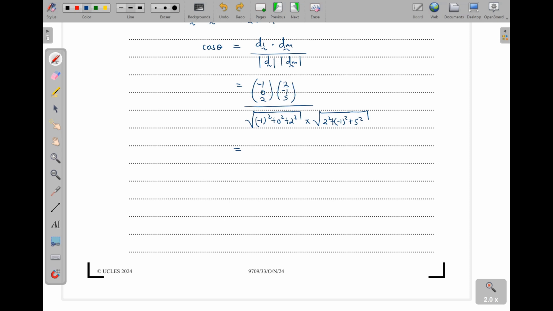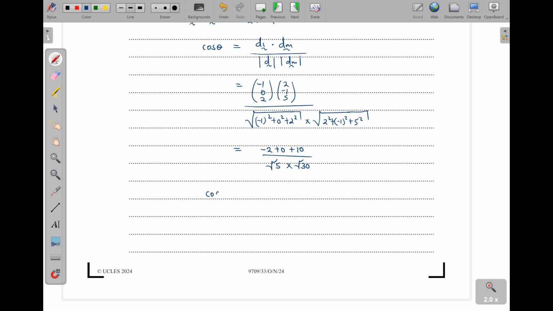So we are going to have -2, then plus 0, then plus 10. Then down here, 2 squared is 4, then plus 1, that is root of 5. Then here, 25 plus 4, that is, in fact, plus 5. That one gives us 30. So we shall have root of 30 here.